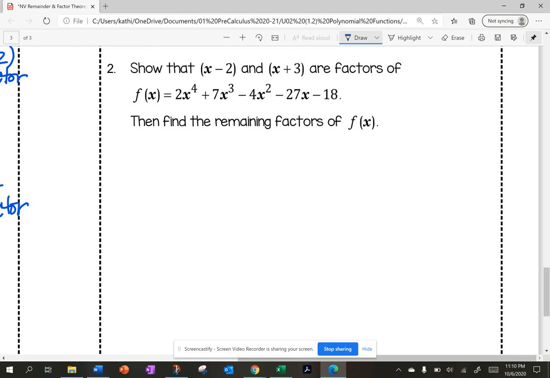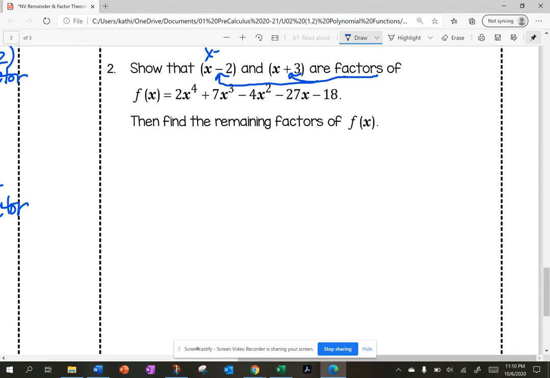Show that x minus 2 and x plus 3 are factors of f of x equals 2x to the 4th plus 7x cubed minus 4x squared minus 27x minus 18. Okay, so these are factors. So when I'm doing synthetic division, I want the zeros.